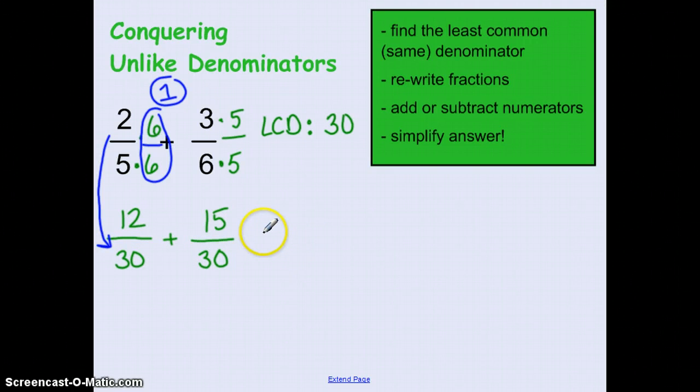Now we can add the numerators together. 12 plus 15 is 27, and we keep our denominators the same, 30. So we have 27/30. Then we want to see if we can reduce. In fact, 3 goes into 27 9 times, and 3 goes into 30 10 times. So our answer is 9/10, and we're done.